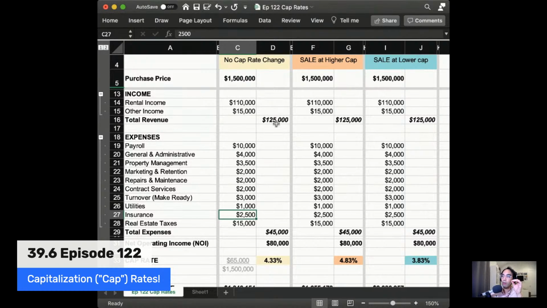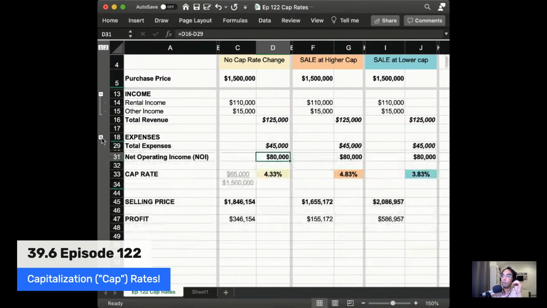So now our net operating income has gone up from what used to be $65,000. Now it is $80,000: $125,000 minus $45,000. Now remember, the cap rates don't change when you increase your operating income. Those are market based.